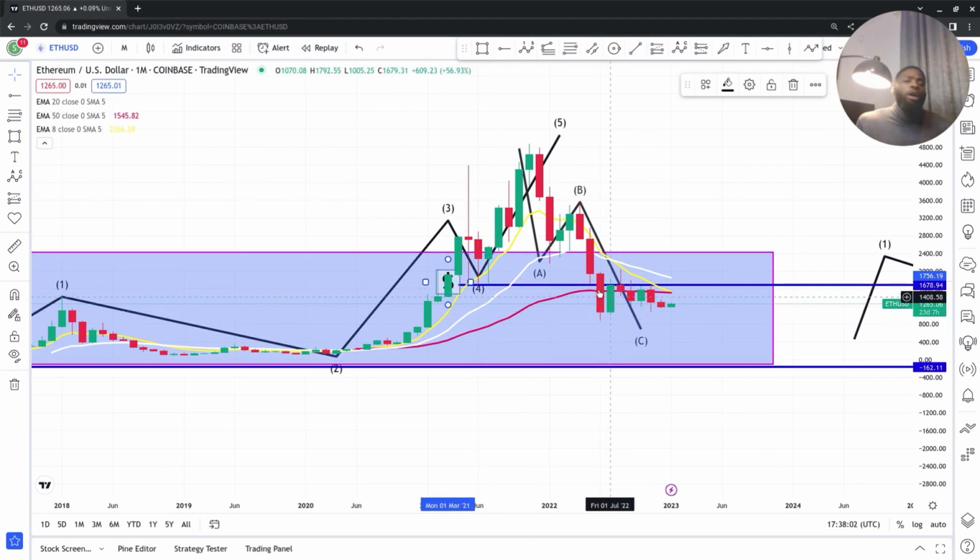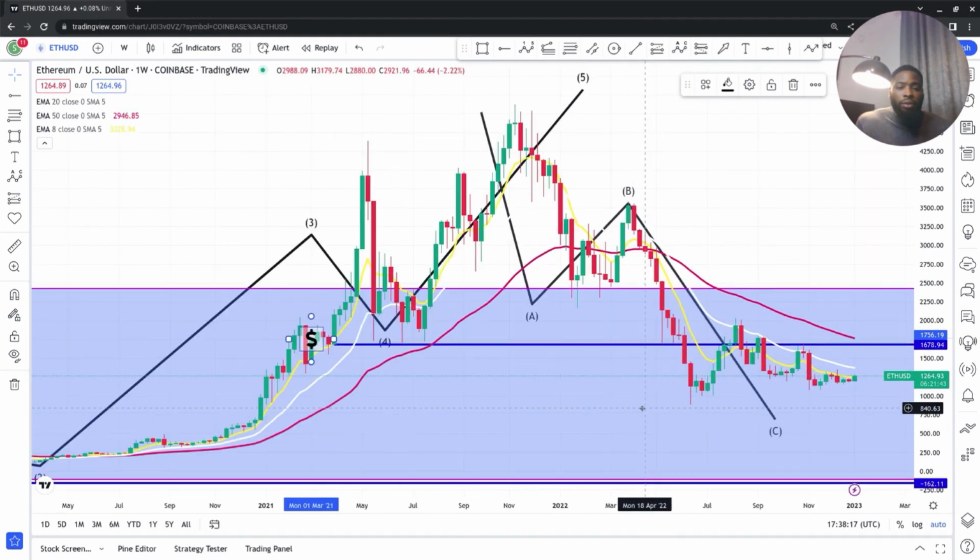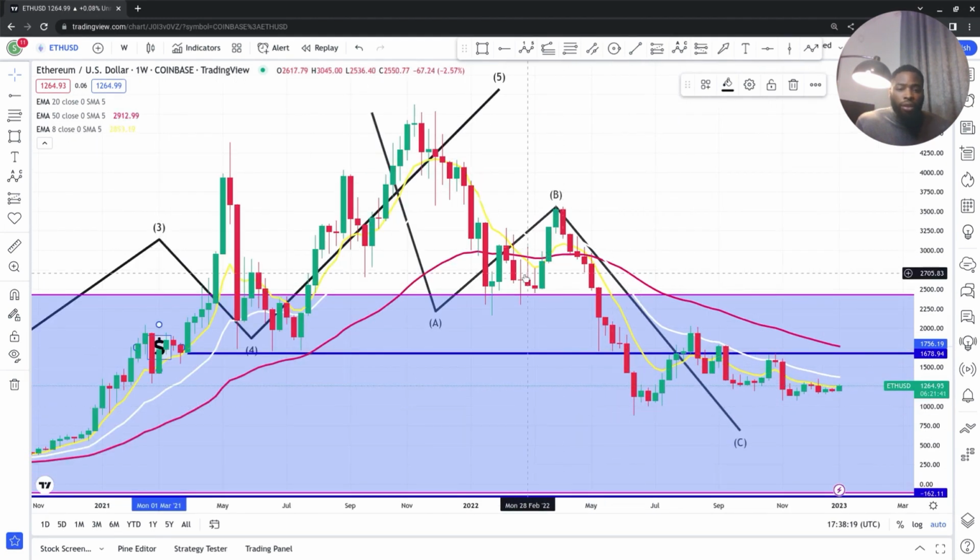But before I conclude, I have to go down to the lower time frame. I have to go down to the weekly time frame to count the fractals down here to know what's happening. So we'll go to the weekly time frame. I'm going to expect a 5-wave pattern. So go down to the daily.